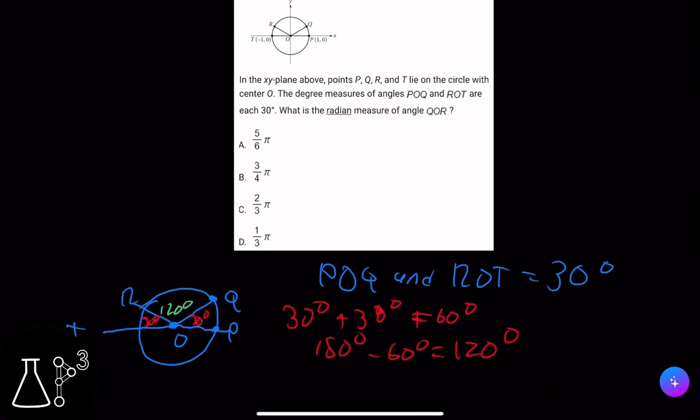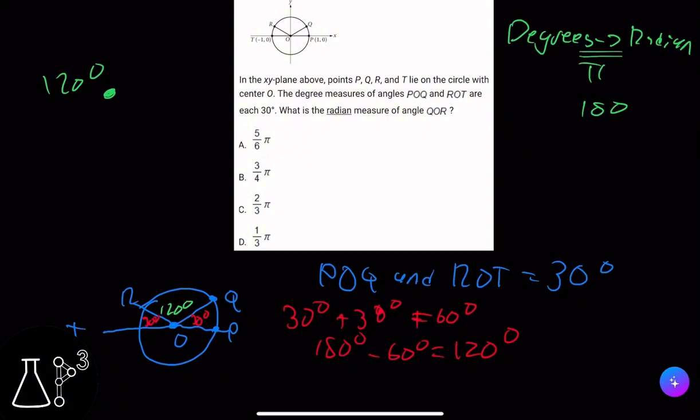So what I can do now with 120 degrees is convert degrees into radians by multiplying by pi divided by 180. If you want to convert degrees to radians, you multiply by pi divided by 180.